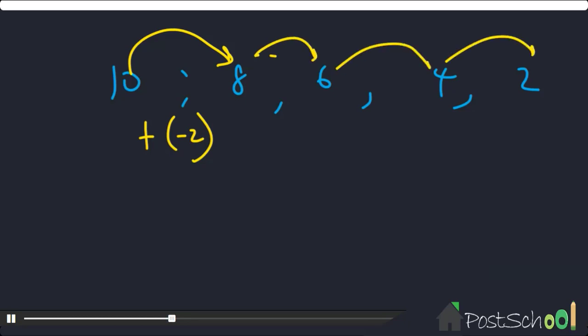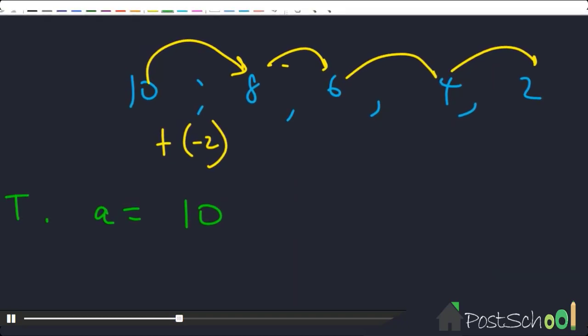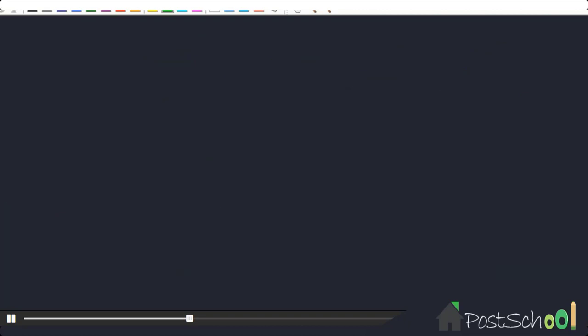So this is an ordered list of numbers. We have that A is equal to 10. This is the first term of the sequence, and then we have D, which is going to be -2 in this case. So this is just the generic stuff that you need to pick up when you're dealing with an arithmetic sequence. There is a first term and there is a constant difference.